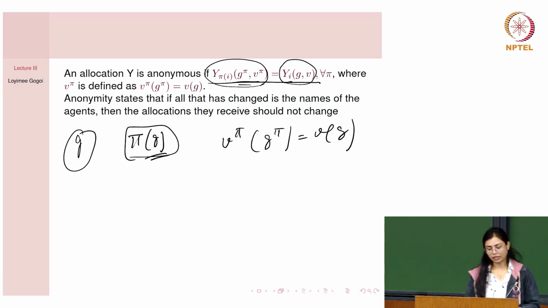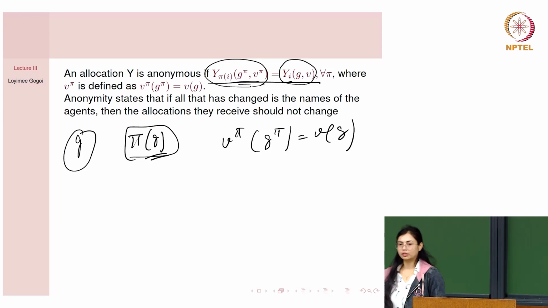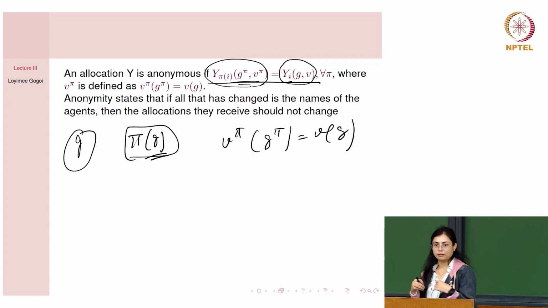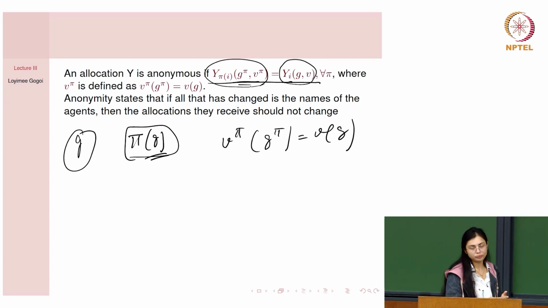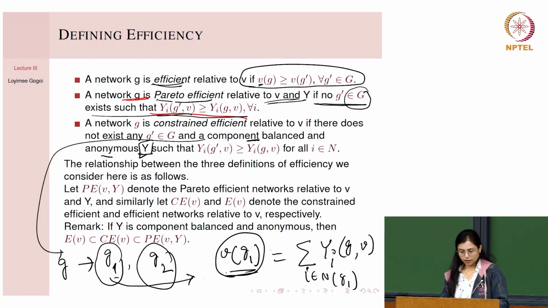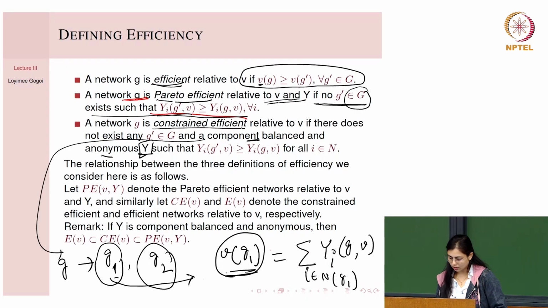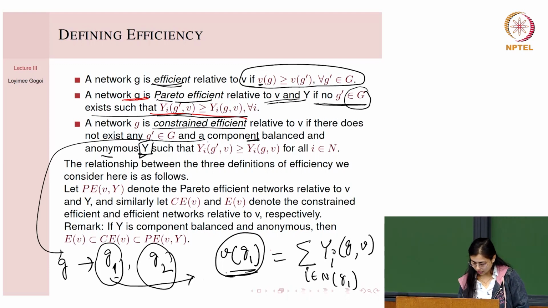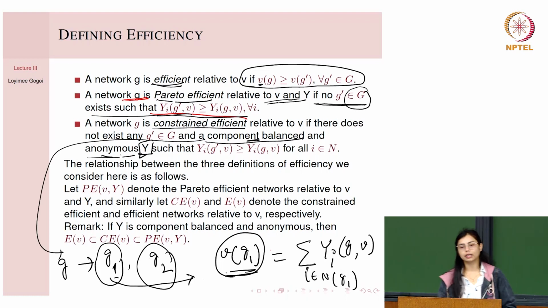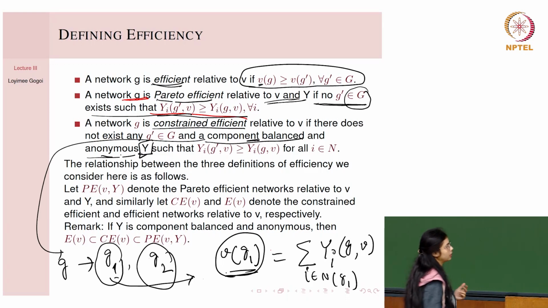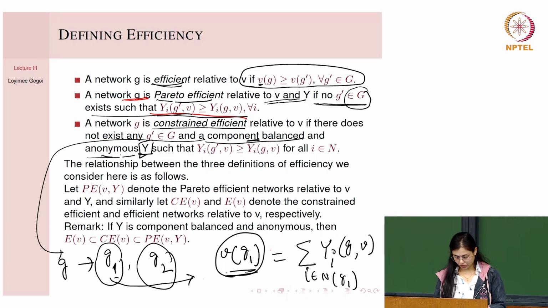It is the same idea as symmetry: if two players' contributions are the same in the same game, they should get the same payoff. But anonymity is a more generalized concept than symmetry. So constraint efficiency is almost the same as Pareto efficiency, only Y must be component balanced plus anonymous. These are the three definitions of efficiency: efficiency, Pareto efficiency and constraint efficiency.